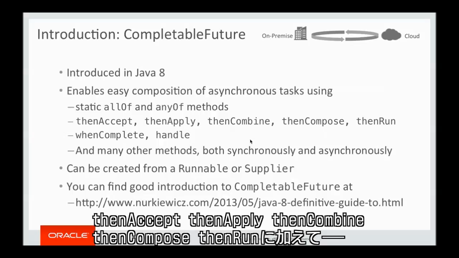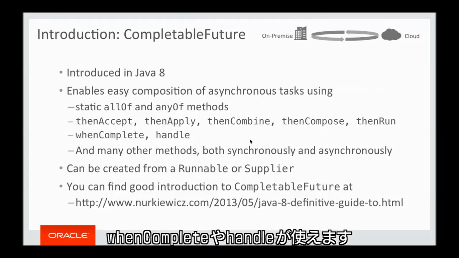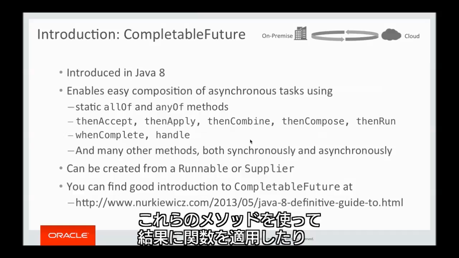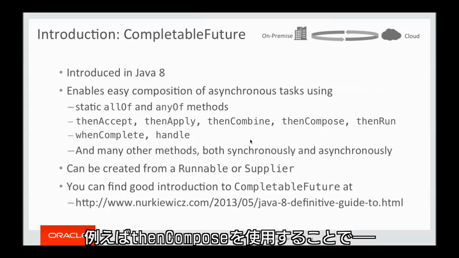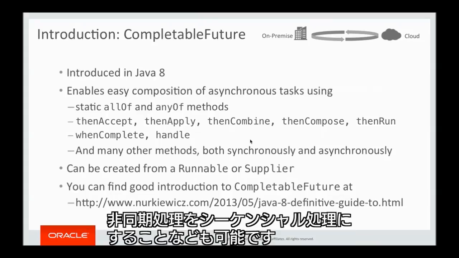Then you have methods such as thenAccept, thenApply, thenCombine, thenCompose, thenRun, whenComplete, handle, which are different variants that allow you to execute a piece of code or to apply a function to the result, or to turn asynchronous execution into sequential execution using thenCompose, for example, etc.